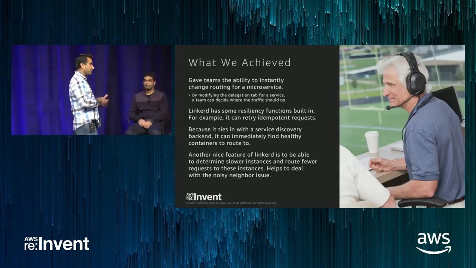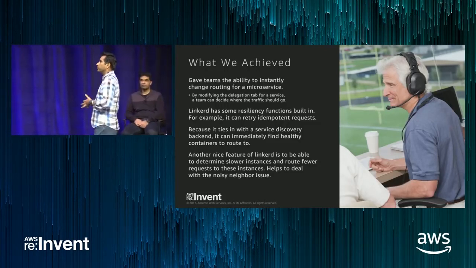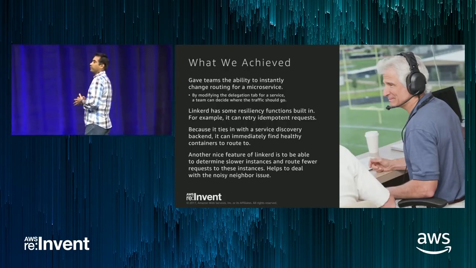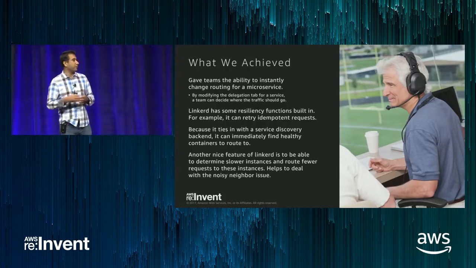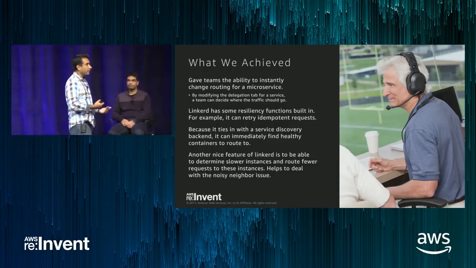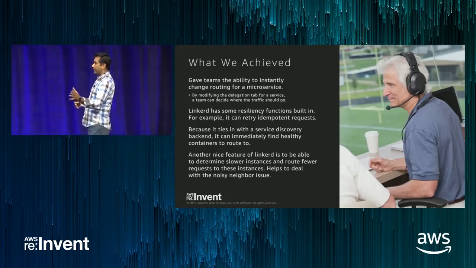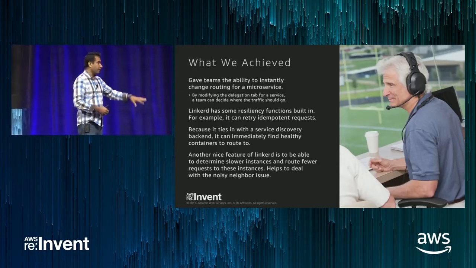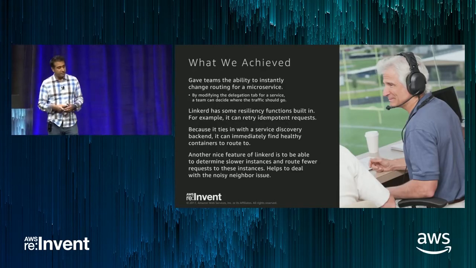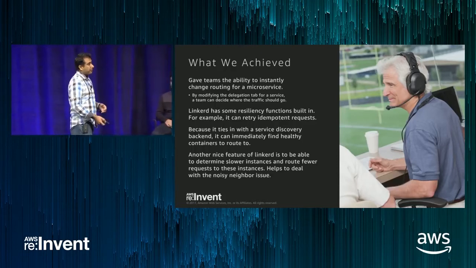If you've worked in EC2, if you've worked in a container world, you will invariably run into a noisy neighbor problem. So being able to look at the latency of the request coming in from a particular task is nice to be able to say, hey, I'm just going to give this one fewer requests so that I'm not making that instance even worse. So this is all nice.